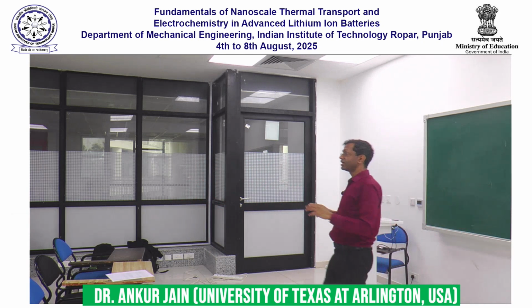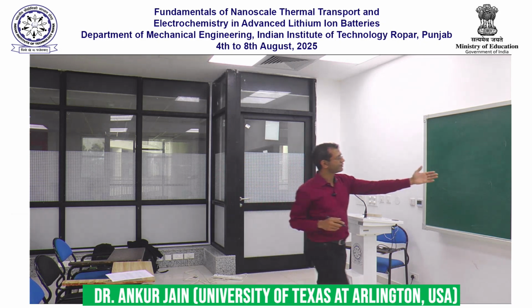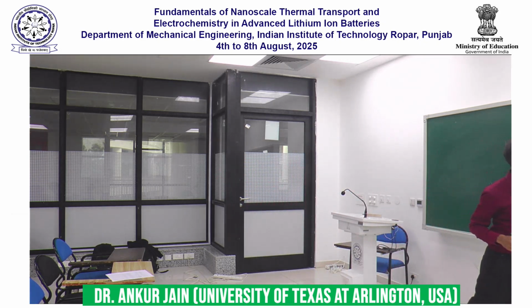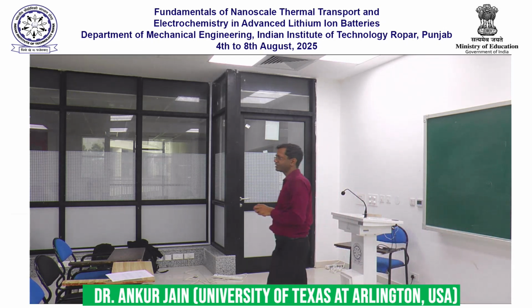This number is the convective heat transfer coefficient caused by the air blowing over the lithium ion cell, both the surfaces, right? It turns out that this is actually a very small number. 3.75 watt per meter square Kelvin is very small.